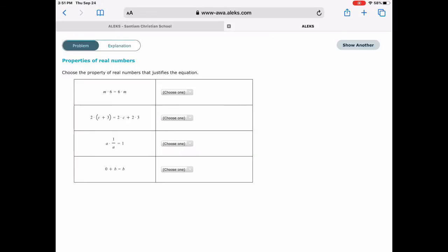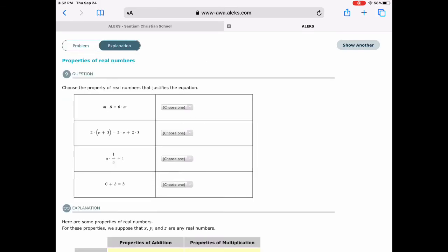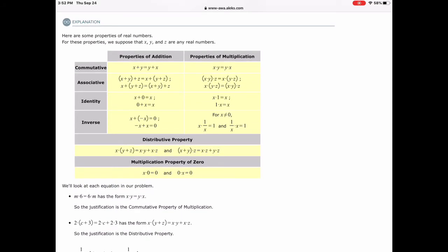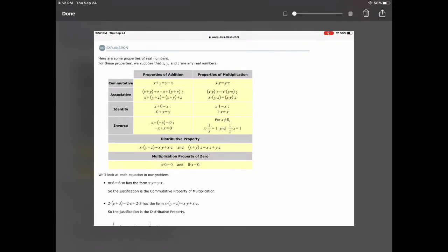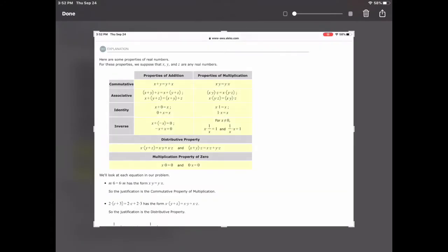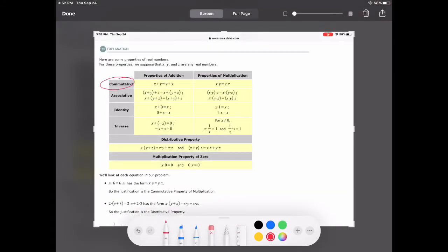And here we have properties of real numbers, which means, notice that we have times, we have plus, and so we're going to have a little bit of everything here. Let's come down here to this chart, and you can see that the commutative property looks pretty much the same in addition and multiplication.